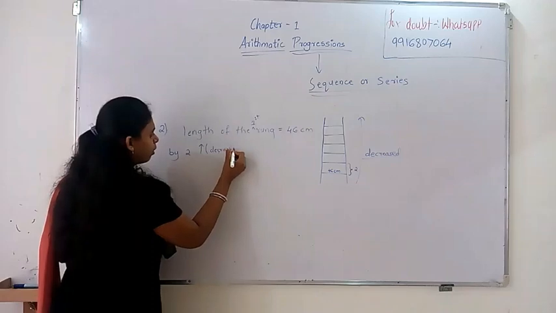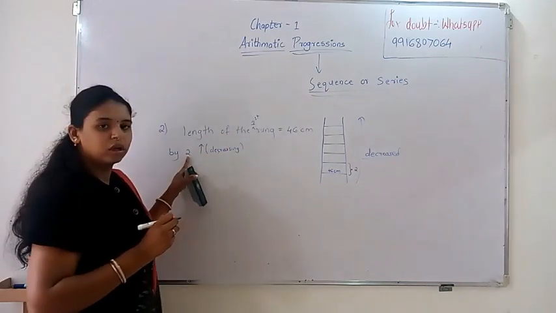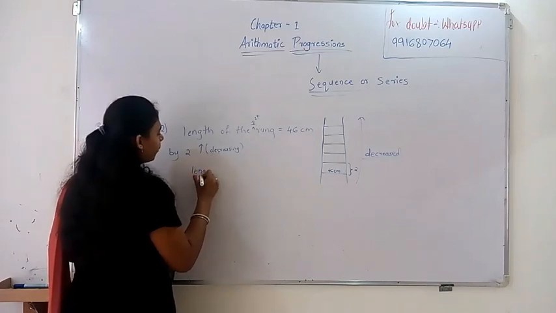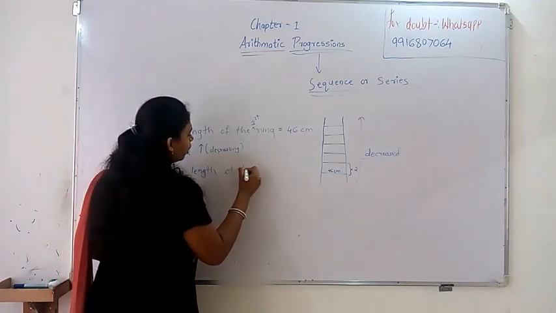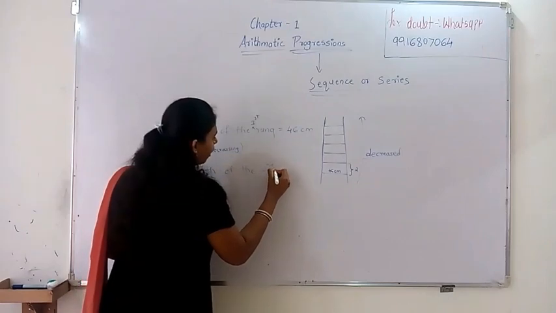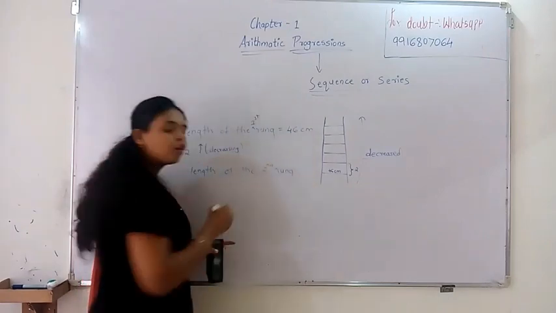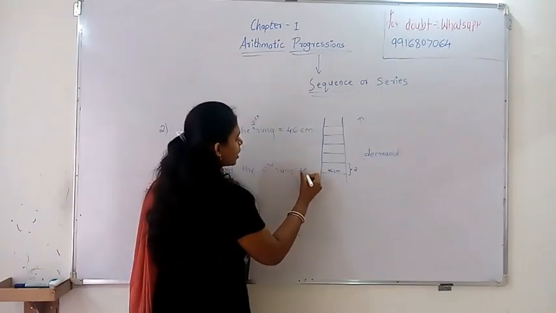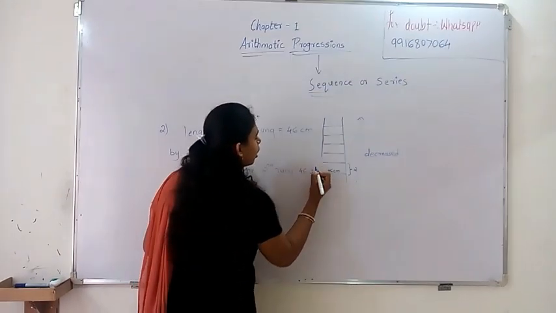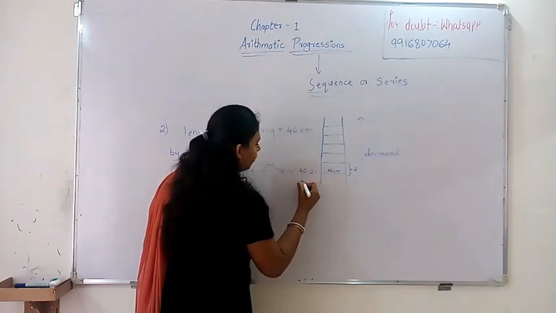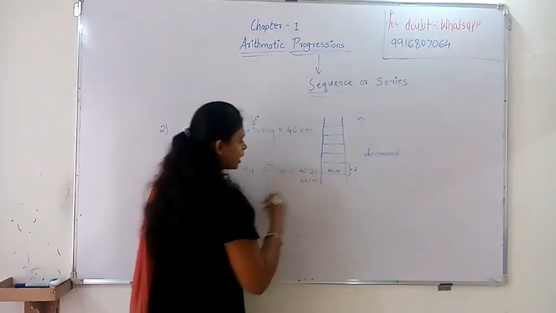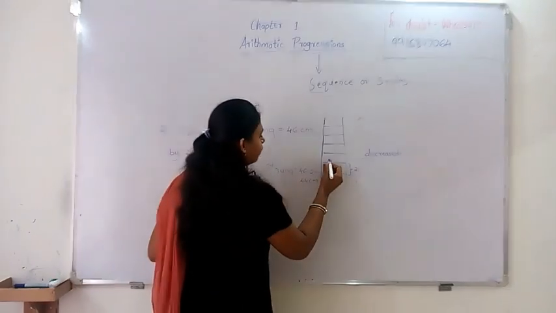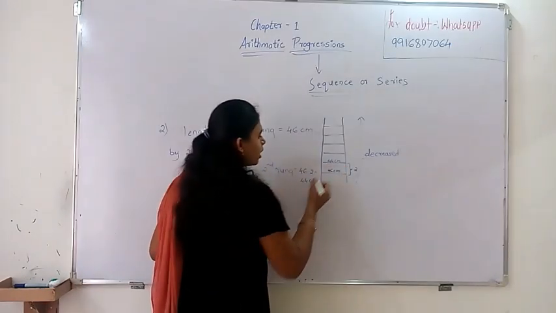Decreasing by 2 means the length of the second rung will be 46 minus 2, which is 44 centimeter.